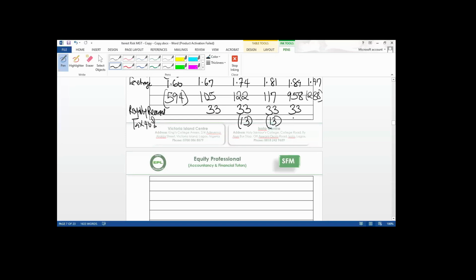The tax for year 3 to be paid here. The tax for year 4. You can now get your net cash flow in Naira.